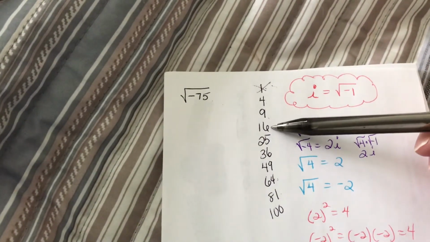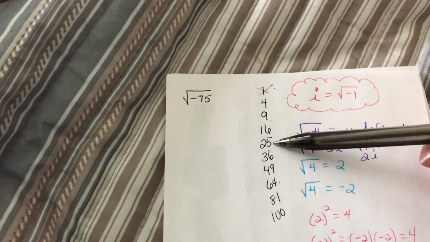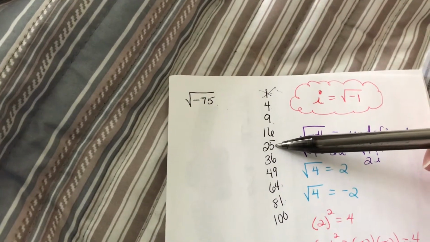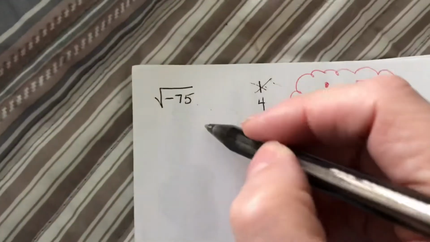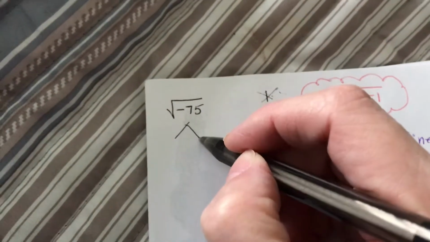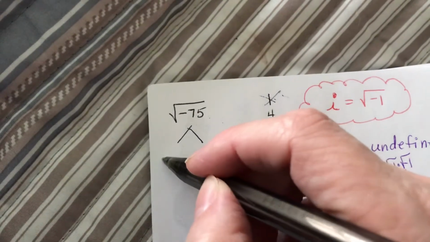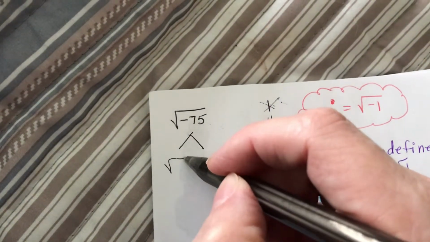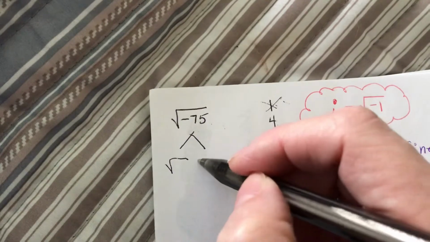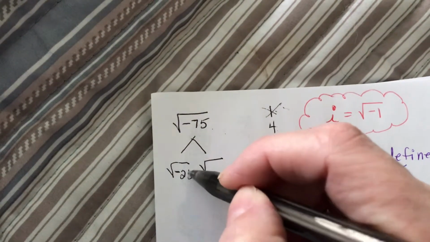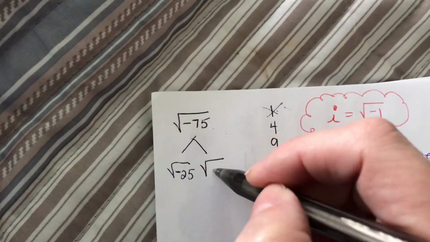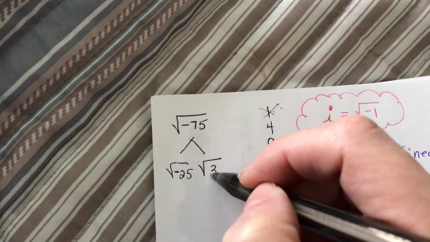No. Does 16? No. Does 25? Yes. So I'm going to start by breaking this down, and I like to make it look like a little factor tree. 75 is actually 25 times 3. But I'm going to put the negative sign with the 25. So I'm going to say the square root of negative 25 times the square root of 3.